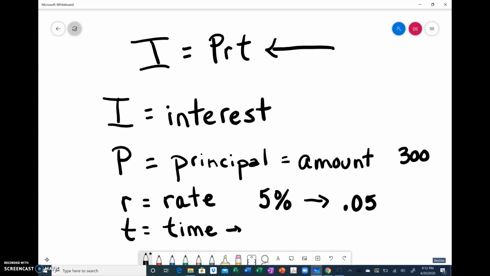Here's the very important thing that you have to know about time. In this equation, it's always listed in years. So if you tell your parents you'll pay it back in 6 months, the number that would go into this equation for T would be 0.5 because 6 months is 1/2 of a year.